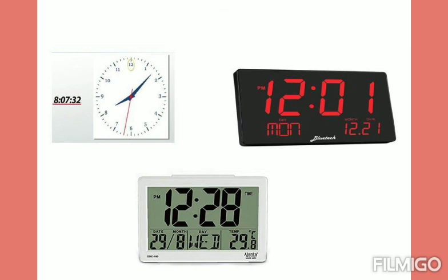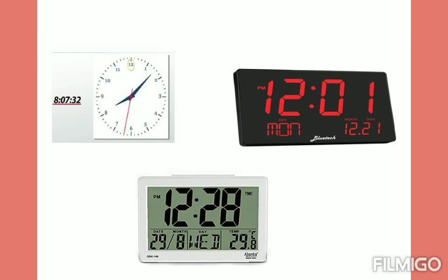Now the hour hand is exactly at 8, and the minute hand, after 1, has covered 2 small divisions, and then the thin seconds hand has covered 2 small divisions after 6. So 32 seconds, and then 7 minutes, and 8 o'clock.